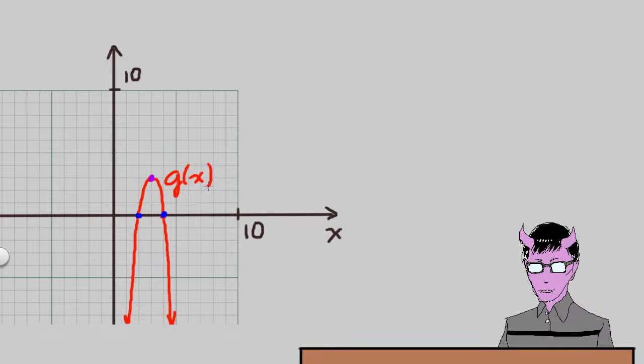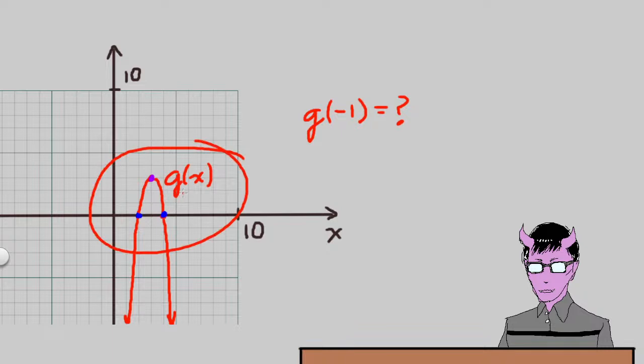So there is our function, and then the question, you could kind of see this in standardized tests. They might ask you something like, what is g of negative 1? They are going to ask you this question, perhaps, and you are given the graph of the function.